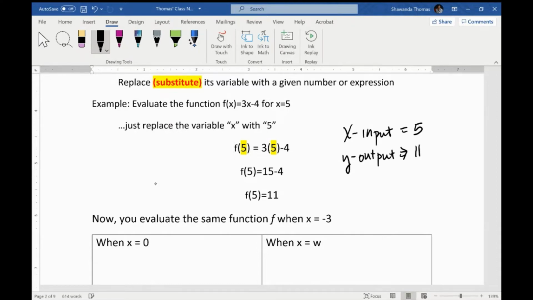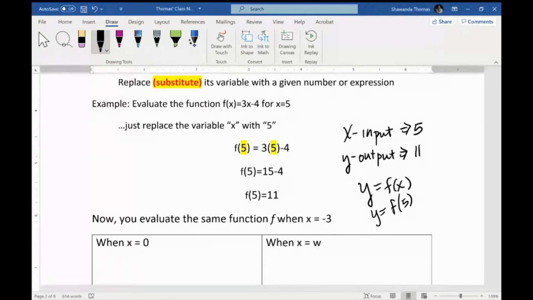11. So basically, the output is the answer. And again, y equals f of x, right? In this case, it was f of 5, but it's still y. F or whatever, it's still y.